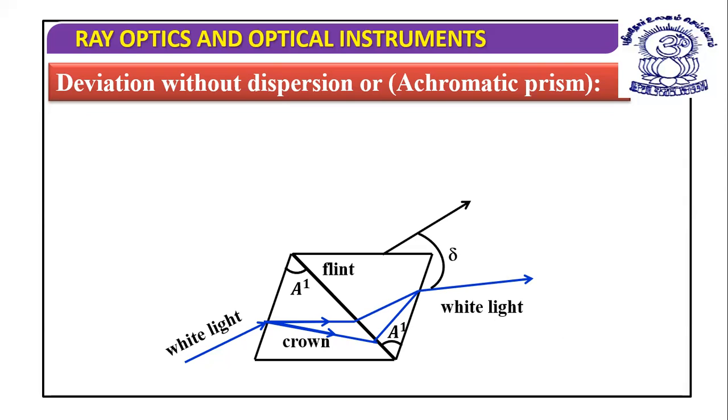So when two prisms of different materials and specified angles are combined such that a ray of light passes through the combination without dispersion, this is called an achromatic combination.